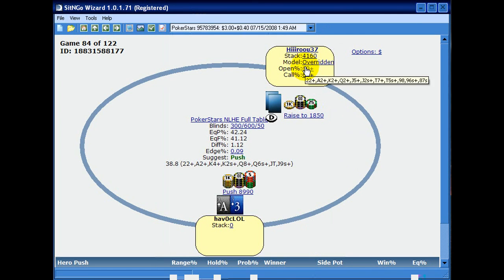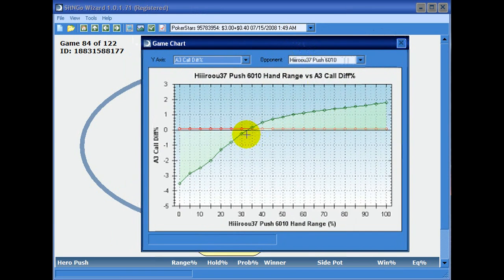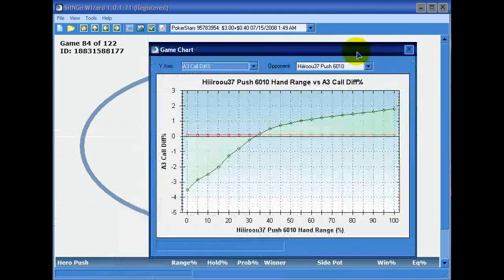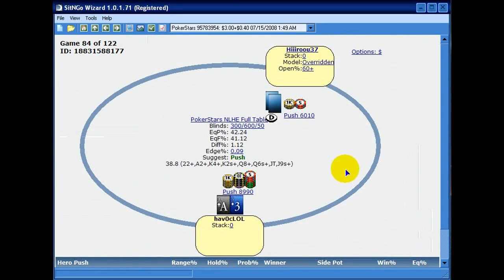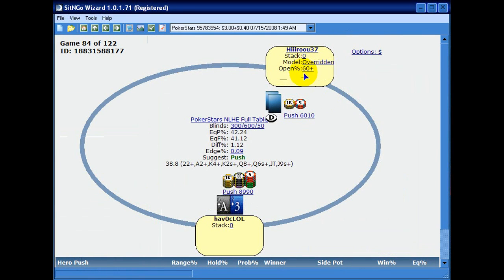We should actually just put him on push, because he's never folding, and we can just see, okay, if he is raising more than 35% or so of hands, we can make a push with ace 3 offsuit. And indeed, he probably is. So yep, it's definitely an okay push. As it turns out, he actually had ace 3 offsuit in this hand as well, and won with a flush. But hey, that happens.